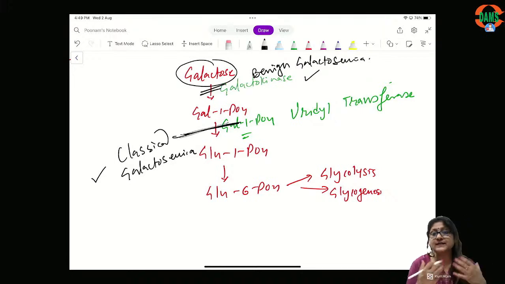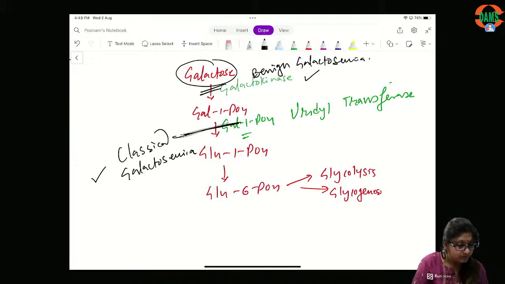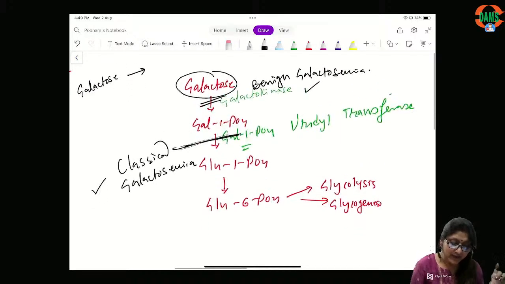This galactose is excessive. More galactose is circulating in the plasma, and that galactose will enter the lens where it is converted to galactitol. You must know all these things.